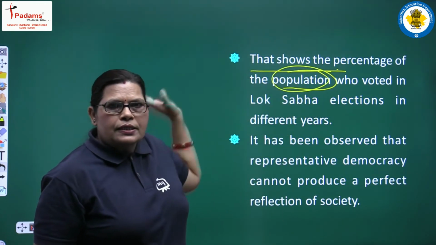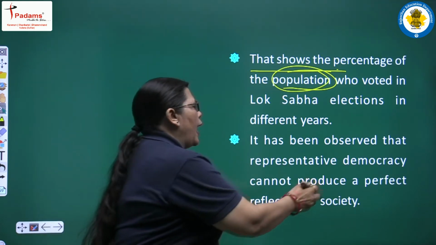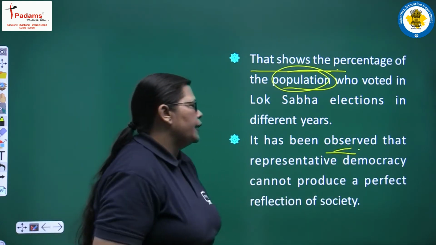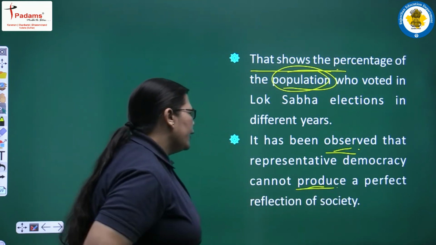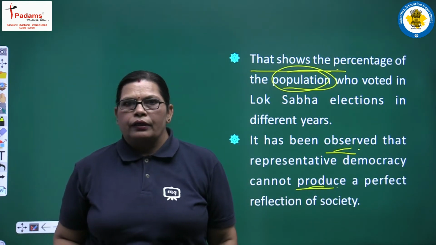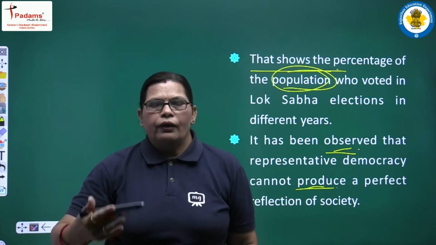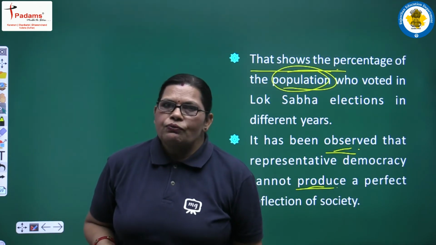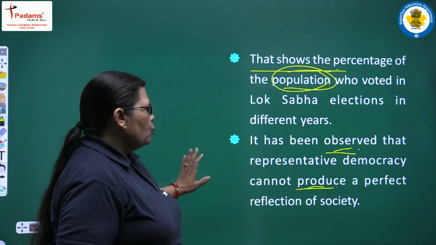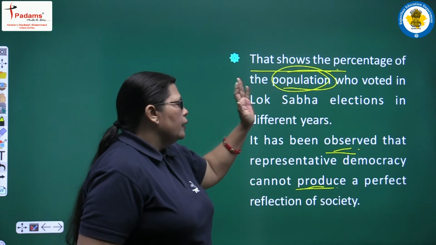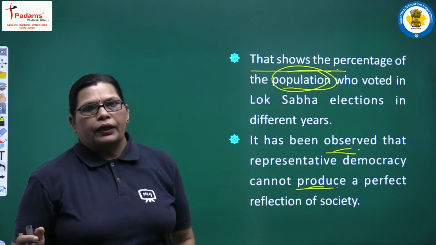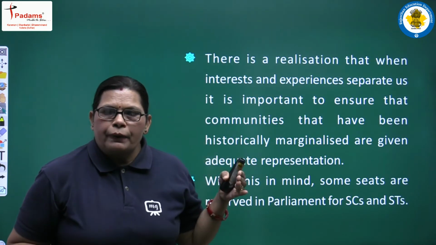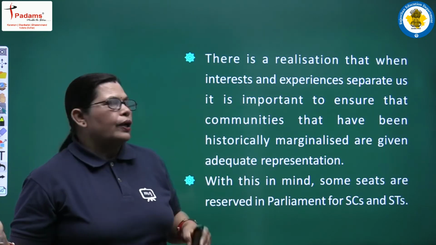Yes, we have discussed the table, and it has been observed that representative democracy cannot produce a perfect reflection of society, because sometimes it is uprising, sometimes it is downrising.